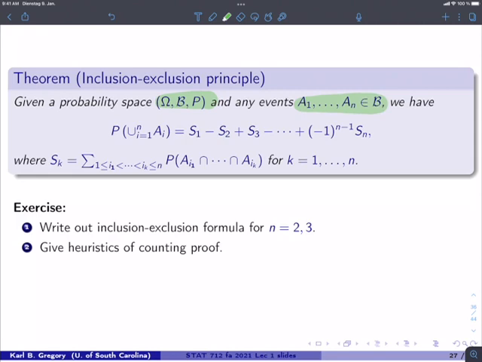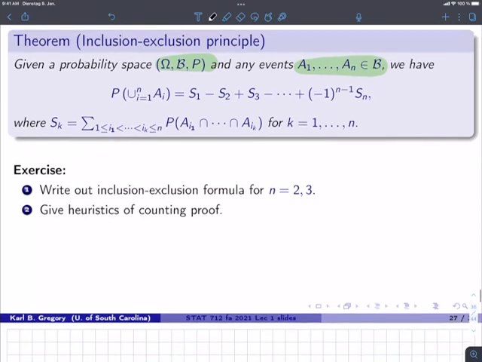And to make sense of this formula, I want us to just write it out when n is small. So let's look at this. When n equals 2, I have only two events. I have A1 and A2.